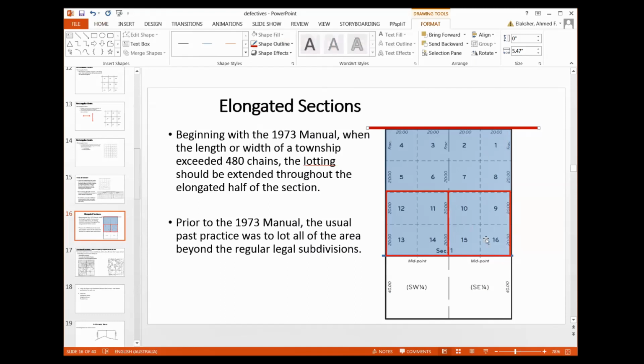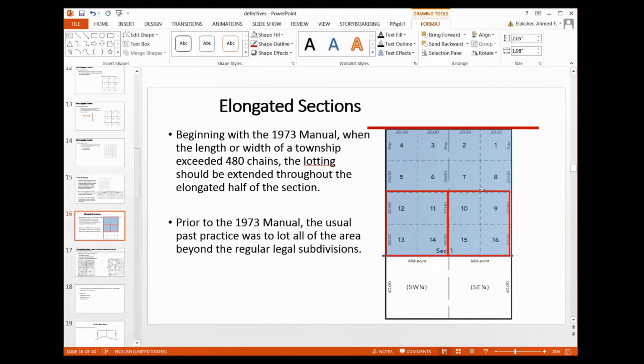Now we elongated this blue box. We elongated section 1 all the way until it hits here. And we subdivided this part into lots. And we followed the convention that the manual is telling us to mark these lots here. Okay, so this is how it will look.